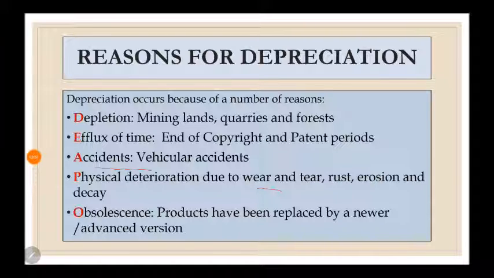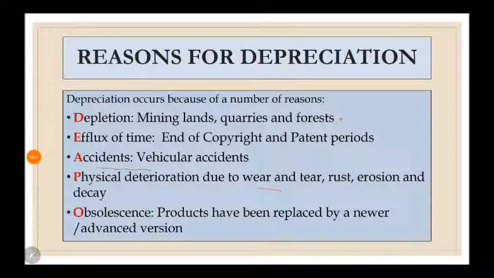Now, I'll give you here the different reasons for depreciation as outlined in your syllabus. So we have different ways that assets can be depreciated. The first one relates to forests and natural resources: land, quarries, forests, mining lands. People take minerals from the ground, and the land no longer has the same value as when they started. So natural resources can be depleted.